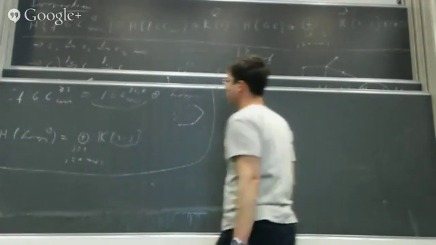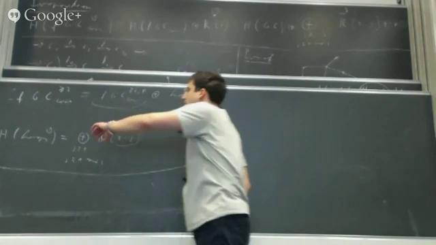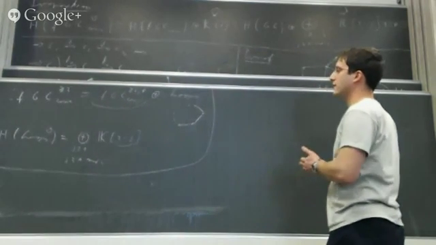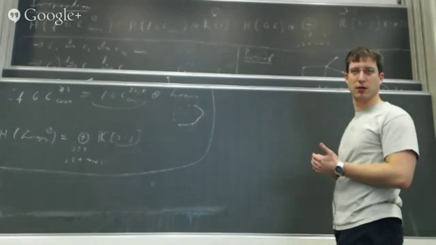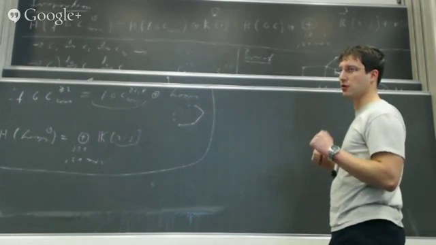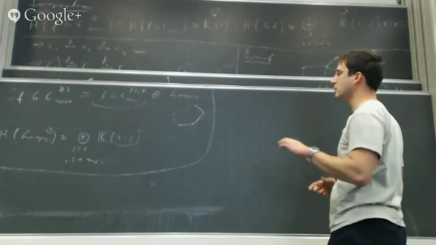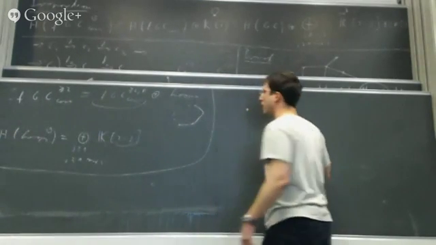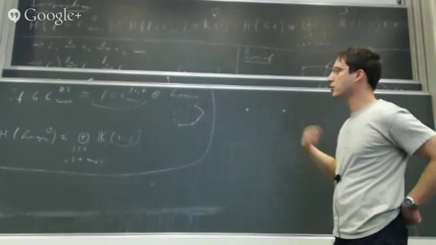So here we have, let's call it, a skeleton. The skeleton of a graph has only 3 or more valent vertices.